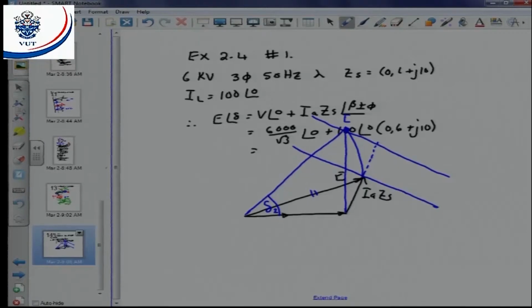Let's say that is E1, and now our power factor angle will be measured there. Power factor angle, measure angle between E1 and I_a Z_s.